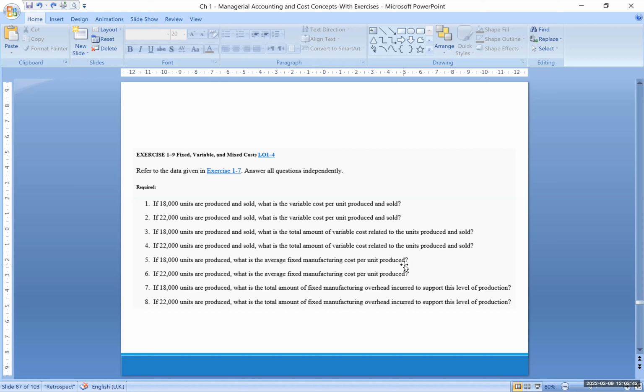Remember that we are paying 100,000 as fixed because it will be constant for the level. So if we produce the 18, the average per unit will be higher than if we produce the 22. Then number 6, the answer will be $100,000 divided by 22,000 units, and the average will be 4.55, okay?